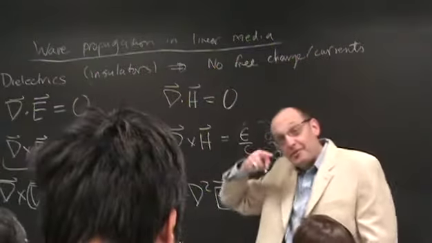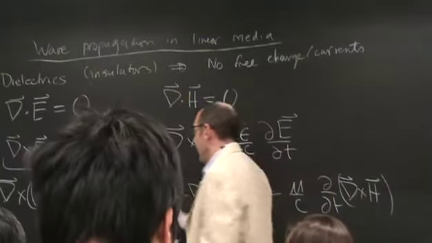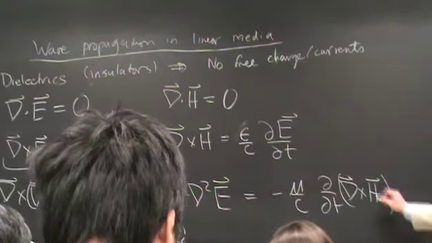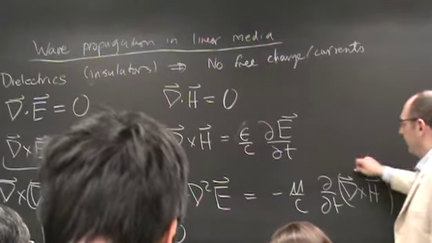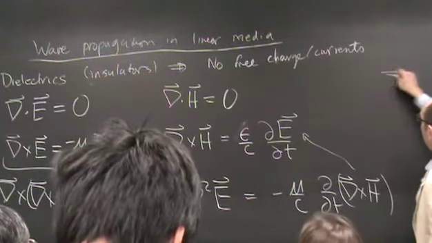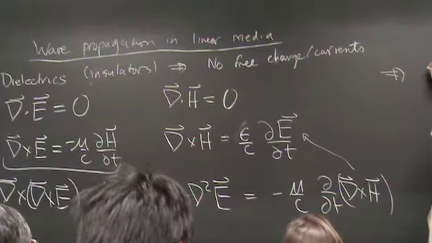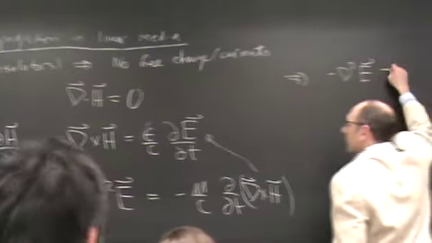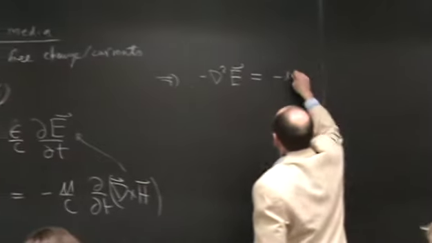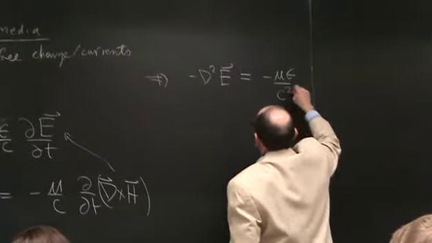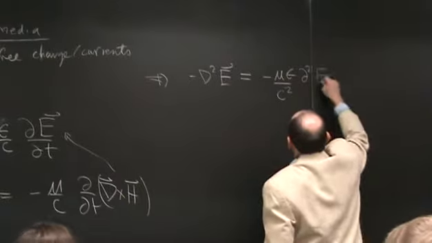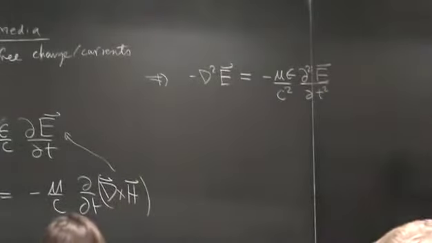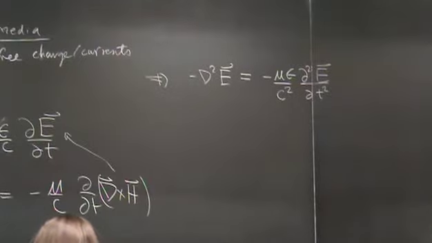So now we do the substitution. Del dot E in this dielectric is 0, and del cross H is given over here. So we then find minus the Laplacian of E is equal to minus mu times epsilon over c squared, the second derivative of the electric field with respect to time.